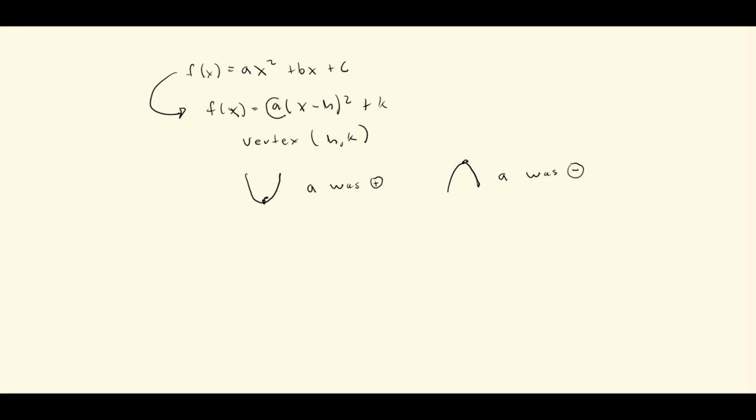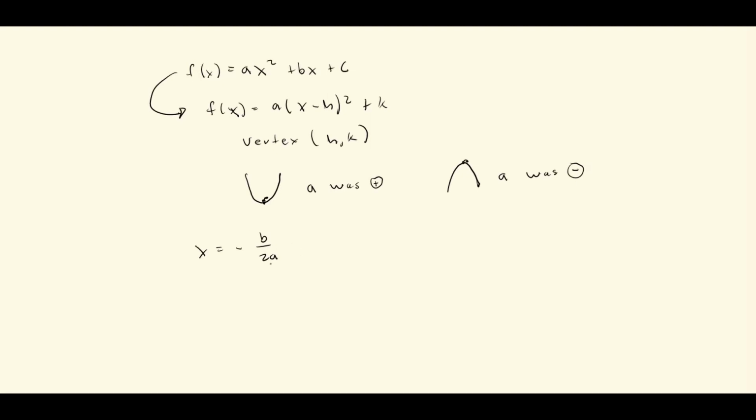And we're talking about this coefficient here. And then we're also able to find the vertex by using the equation x is equal to negative b over 2a. And after we find what x was, then we can go ahead and plug x into the function and get y, and that would also tell us where the vertex was.